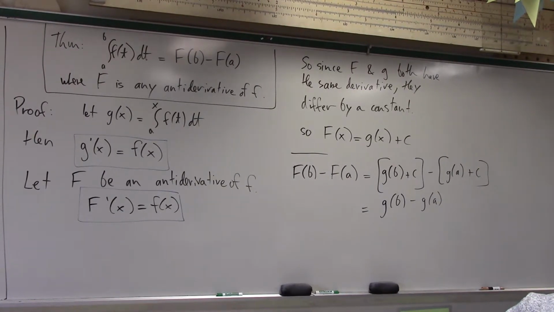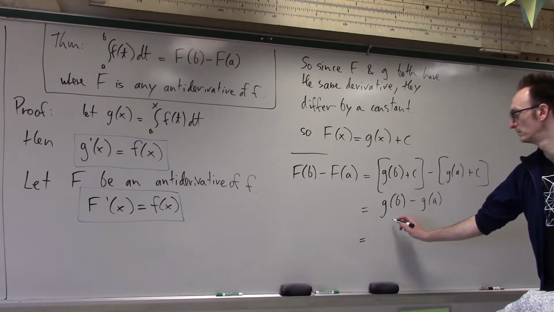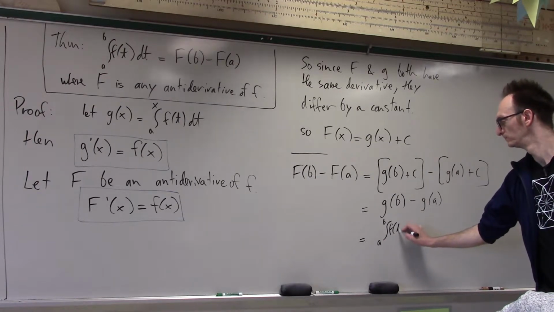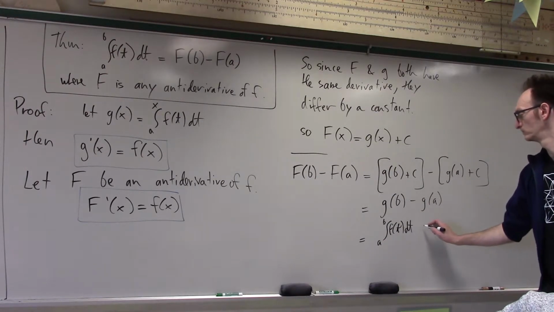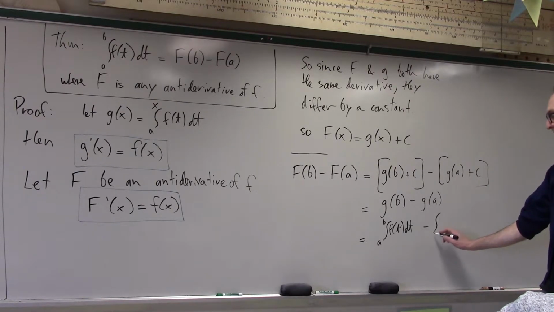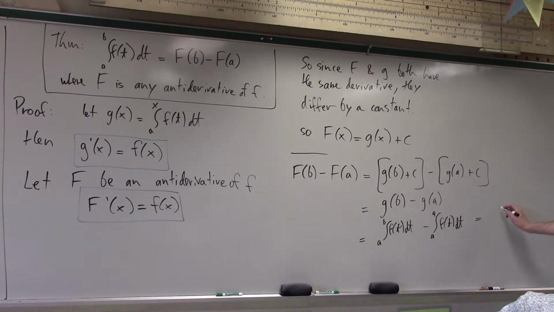Okay, but what is g of b? The accumulator: the integral from a to b of f of t dt. Minus 0. Oh my gosh, it's just 0, man. And we are just done.